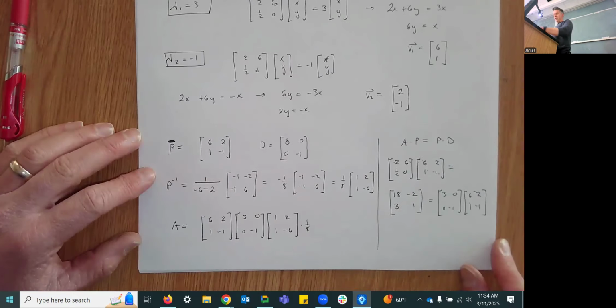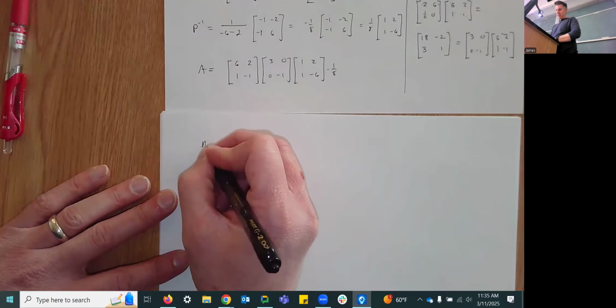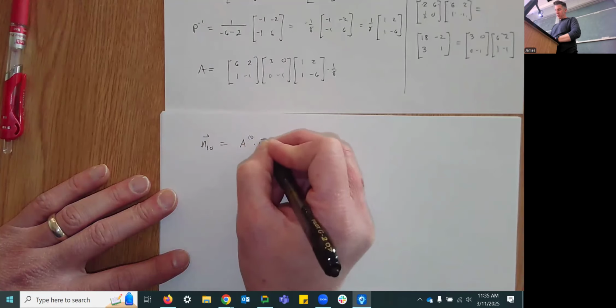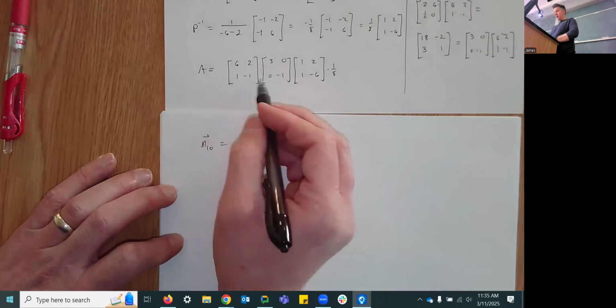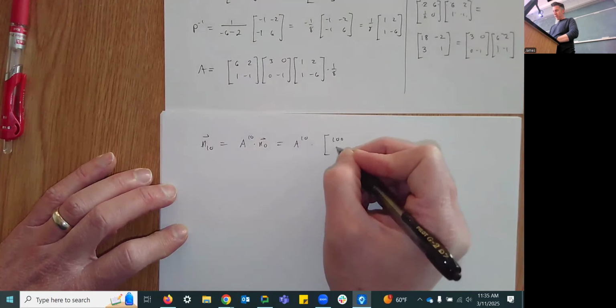All right, so now here's what we're trying to calculate: n10, which is A to the 10th times n naught, which is going to be A to the 10th times the vector (180).